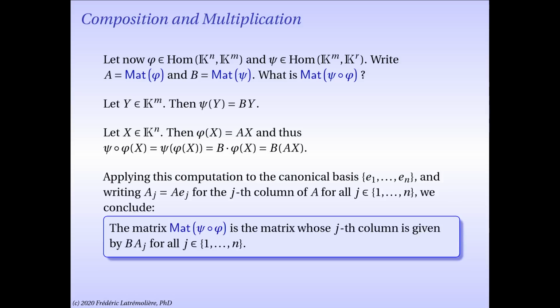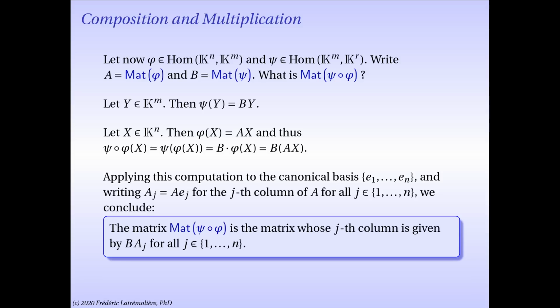To compute the matrix of psi composed with phi, we then apply this computation to the canonical basis of k^n, which we denoted e_1 to e_n. Thus, if j is an integer between 1 and n, the jth column of the matrix of psi composed with phi is B times A times e_j.